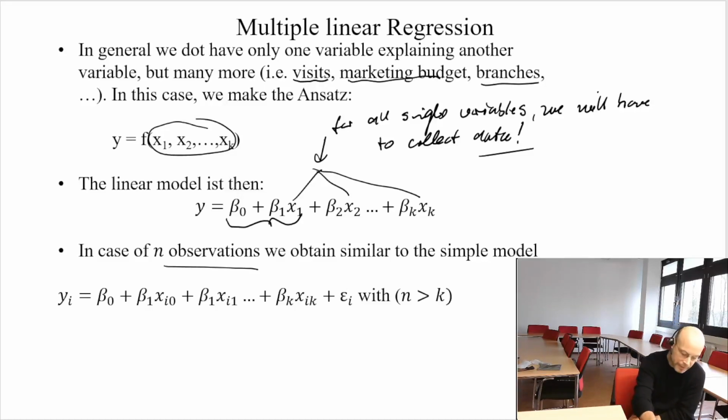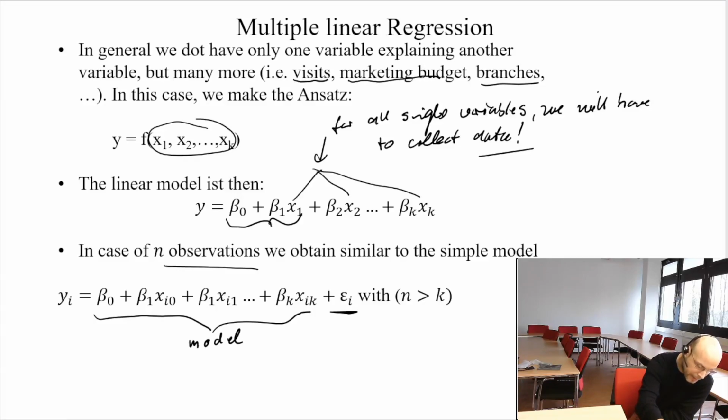And therefore, for every data point, we will have a slight discrepancy between our model and the corresponding dependent data point.